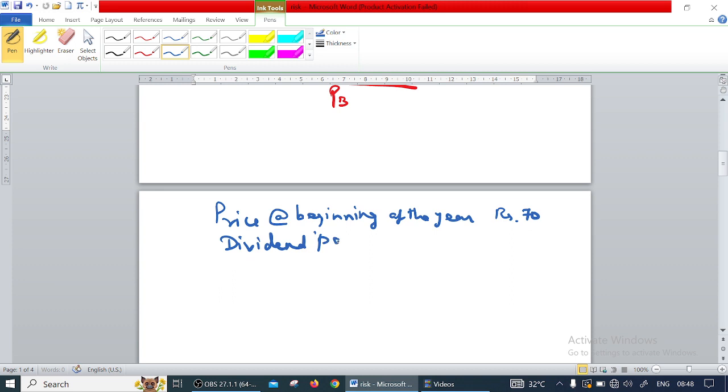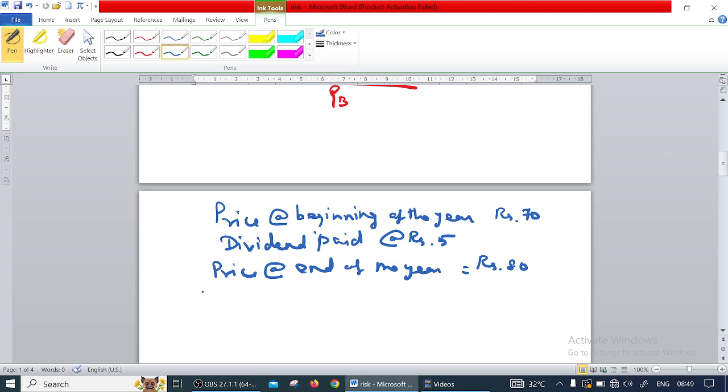The dividend paid at the end of the year is rupees 5, and the price at the end of the year is rupees 80. So the price at the beginning is 70, the dividend paid is 5, and the price at the end of the year is rupees 80.